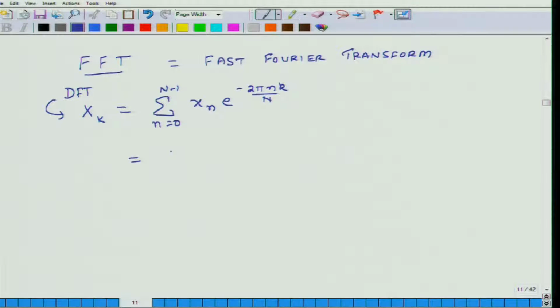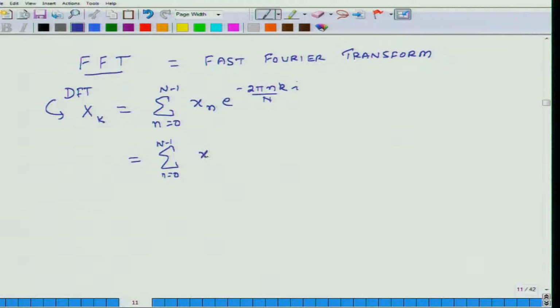or we had also explained it, expanded it as, 2 pi n k over N times i.